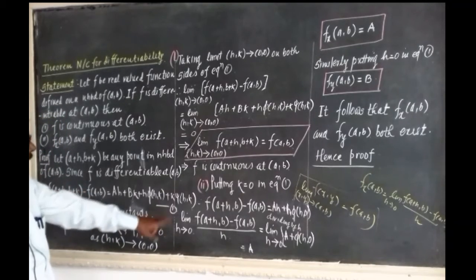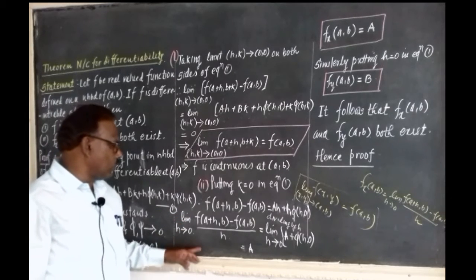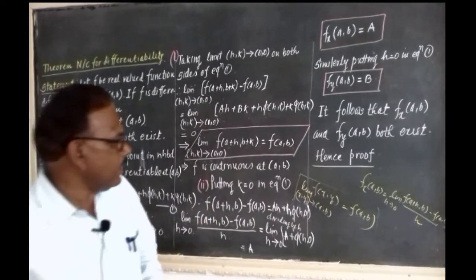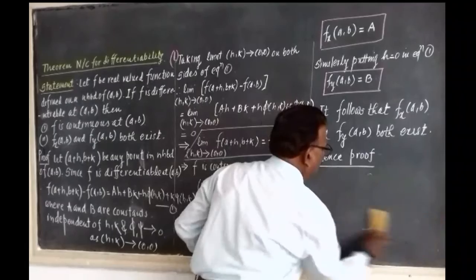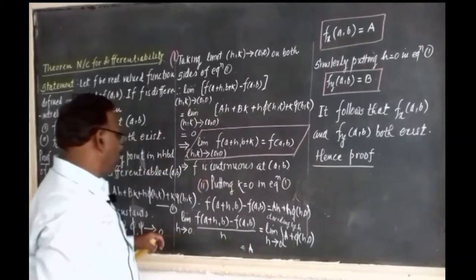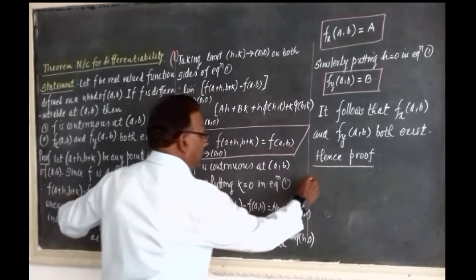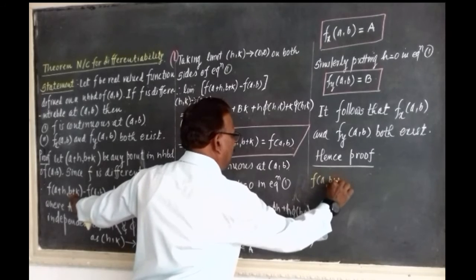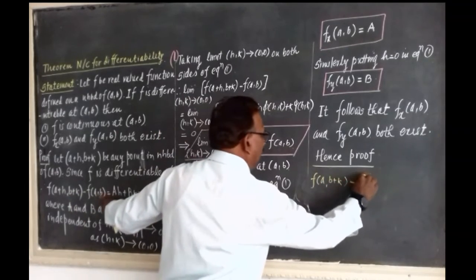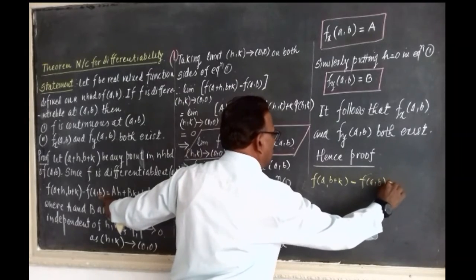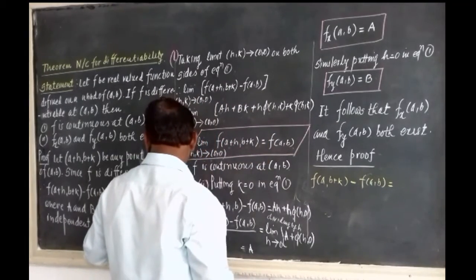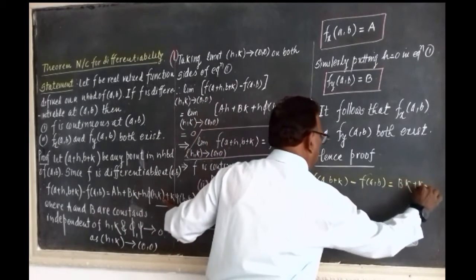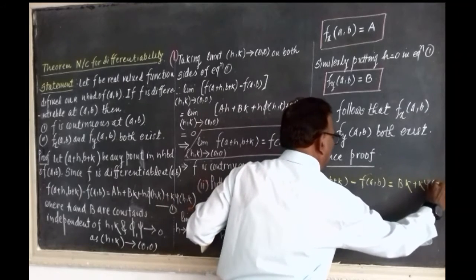While we are putting h equal to 0, the equation will be converted to f of a, b plus k, minus f of a b, which is equal to, on the right hand side, h is 0, therefore b k plus k into psi of h, k.